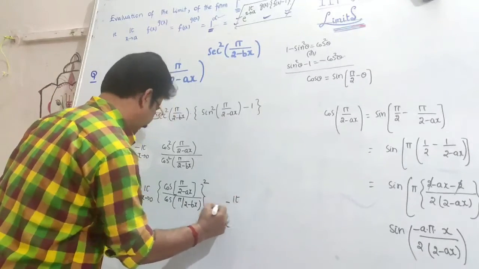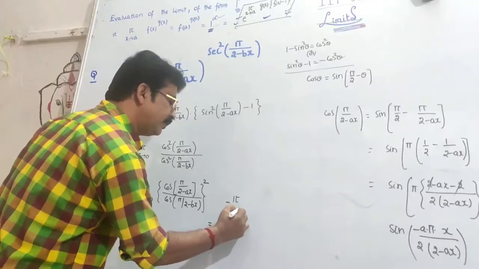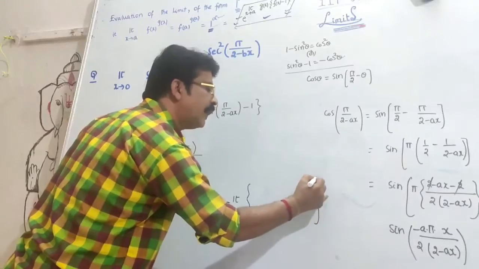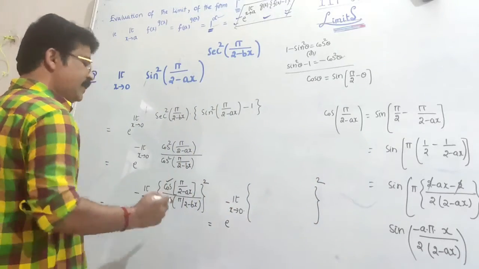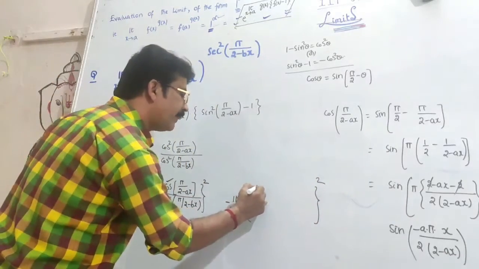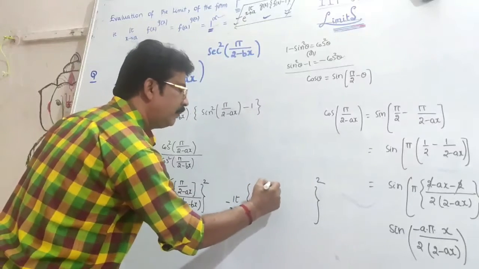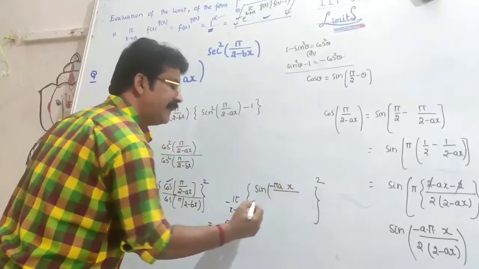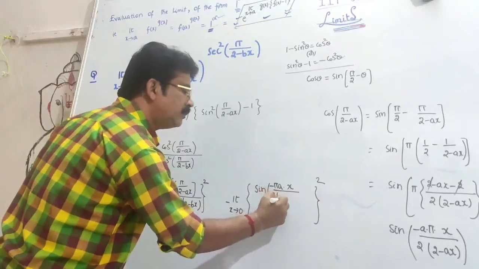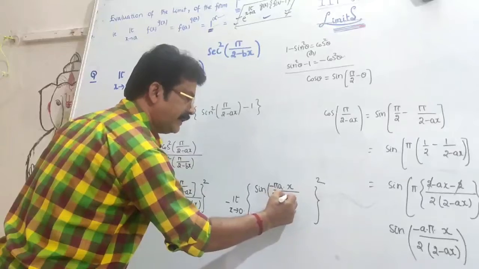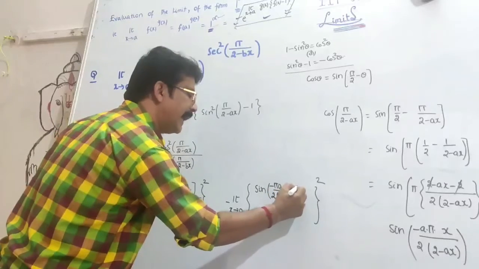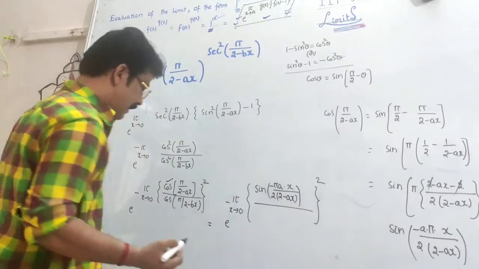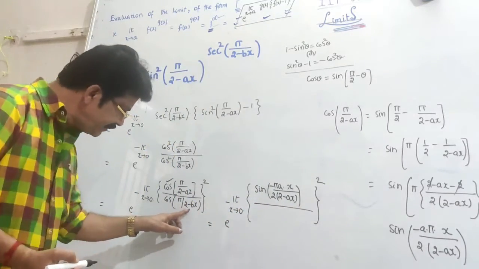minus limit x tends to 0, whole square, this value sin of minus pi a x divided by 2 into 2 minus ax, whole divided by, similarly this also, but it is in terms of b.